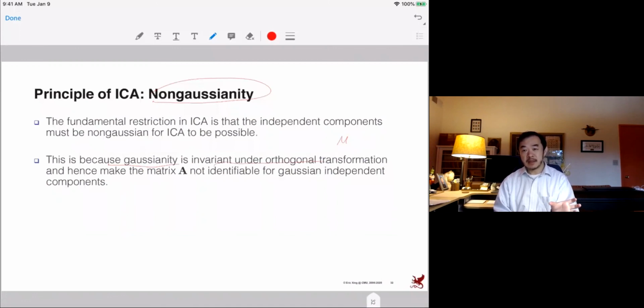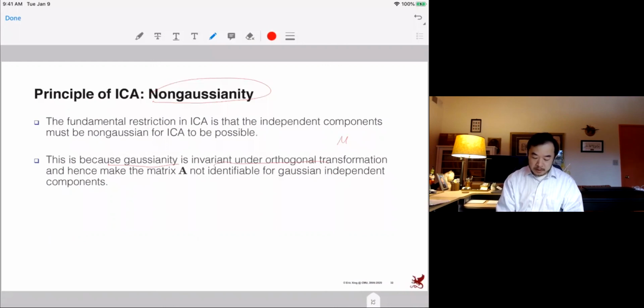And as you can imagine, when you rotate them without causing any harm, this cannot be a nice, highly independent source that you can identify. Because if they are the true sources, they shouldn't be covariant with such rotational effects, right?